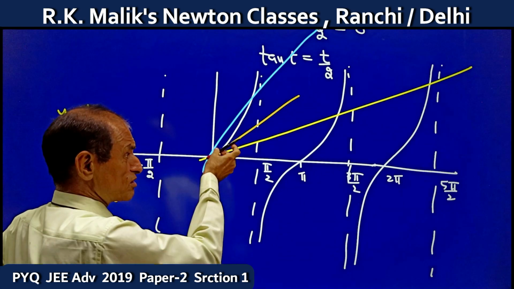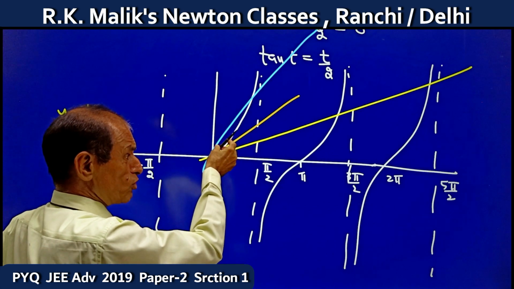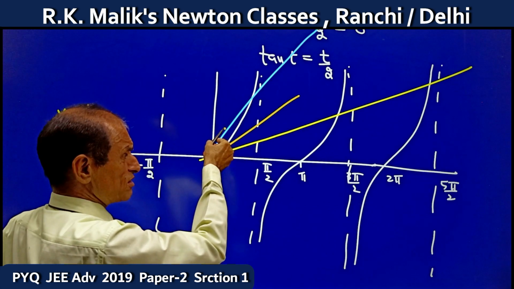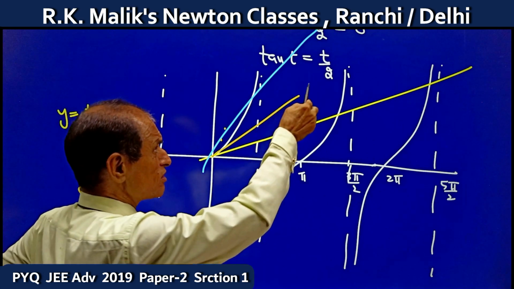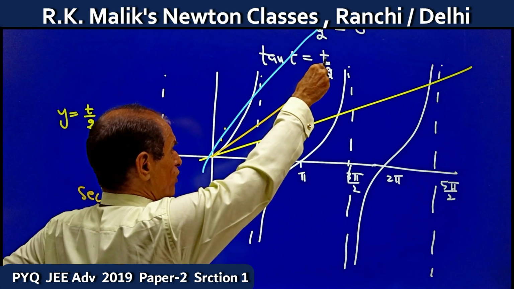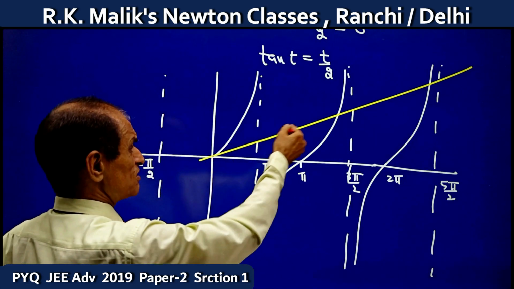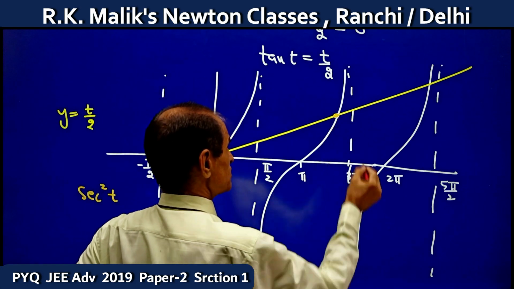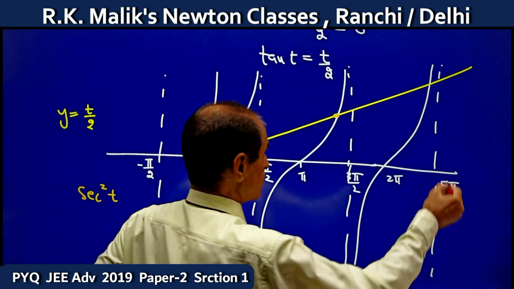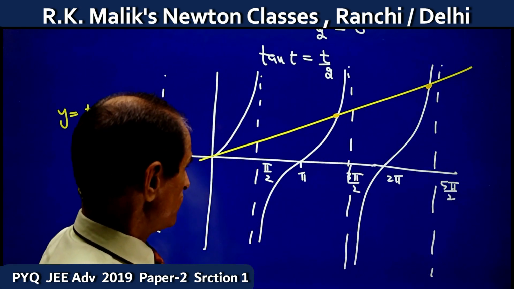That is, the line having slope 1 by 2 will be surely below this line, and this is the line for which slope is more than 1. But we are dealing with the line having slope 1 by 2. Therefore, I can say this is the graph. The very first point of intersection is this. The second point of intersection of the graph is this, and so on.